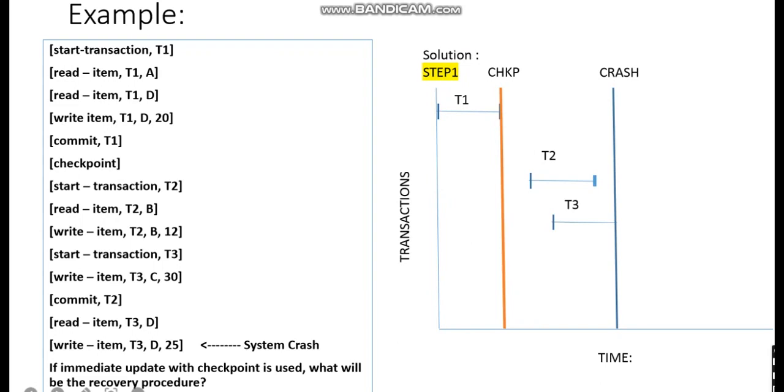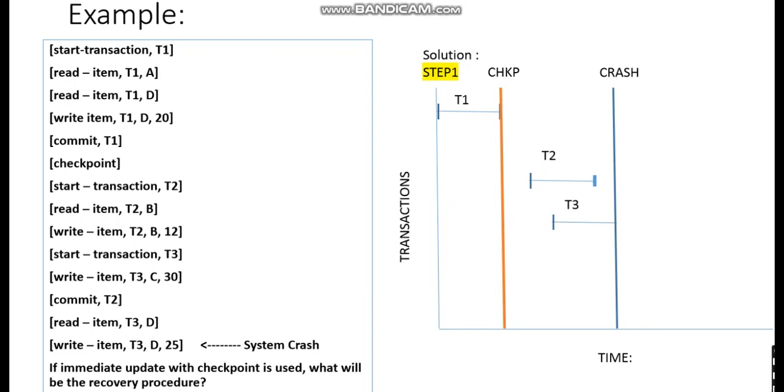The question is: if immediate update with checkpoint is used, what will be the recovery procedure? Which transactions will be rolled back, which can be undone, which can be redone?